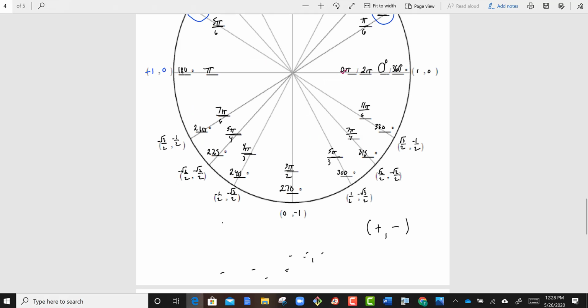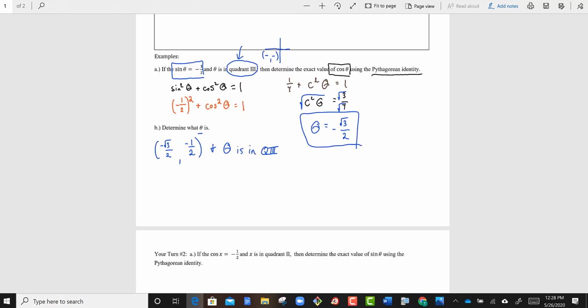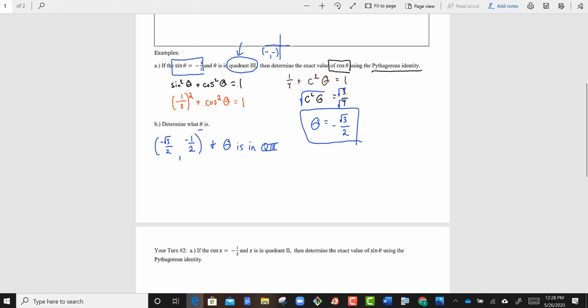So looking at the unit circle, we can see pretty quickly the angle that has that ordered pair is 210 degrees. So the easiest way to determine what theta is, is to have a filled out unit circle that you've done and use that as reference.